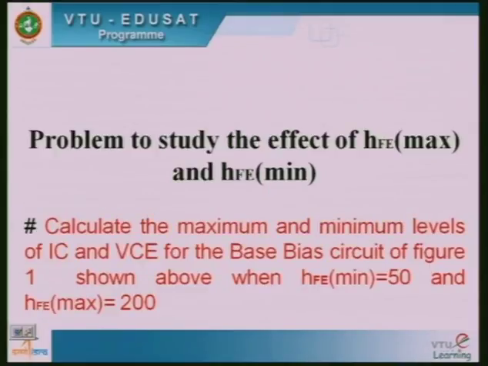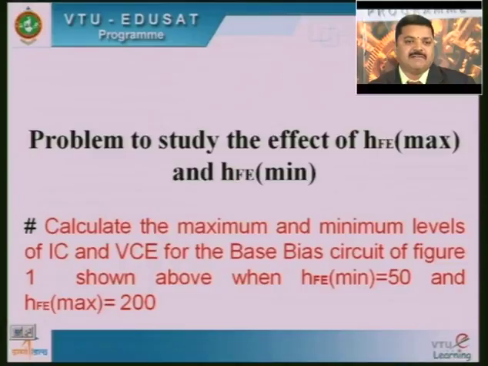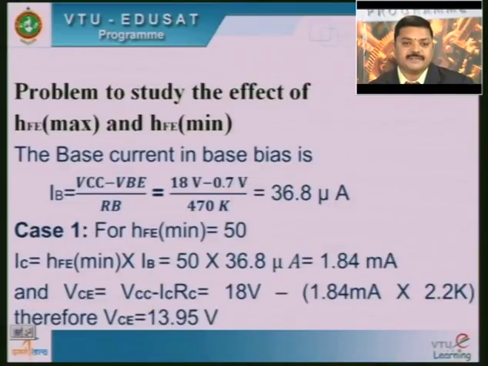Calculate the maximum and minimum levels of IC and VCE for the base bias circuit of figure 1 shown above when HFE min is 50. The HFE min value is 50, that is beta min, and HFE max is 200. The base current in both cases will remain the same, because it is not dependent on beta.